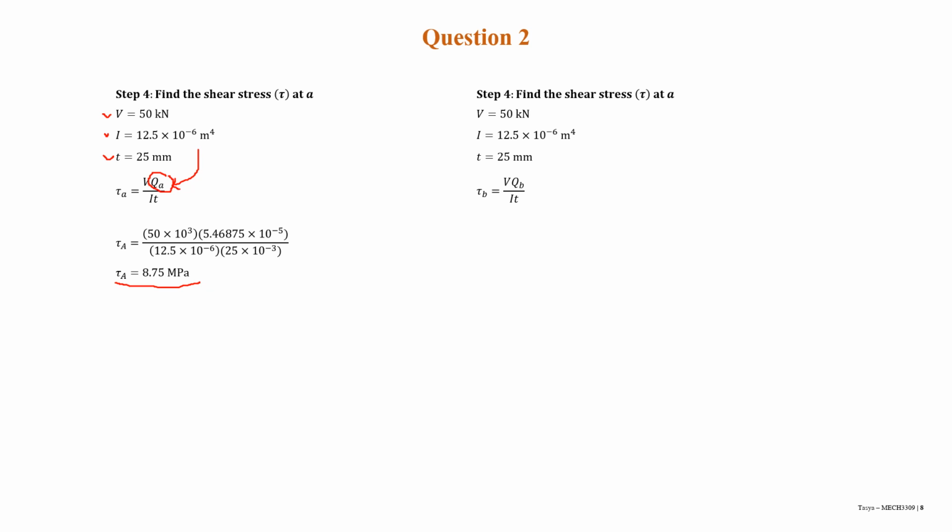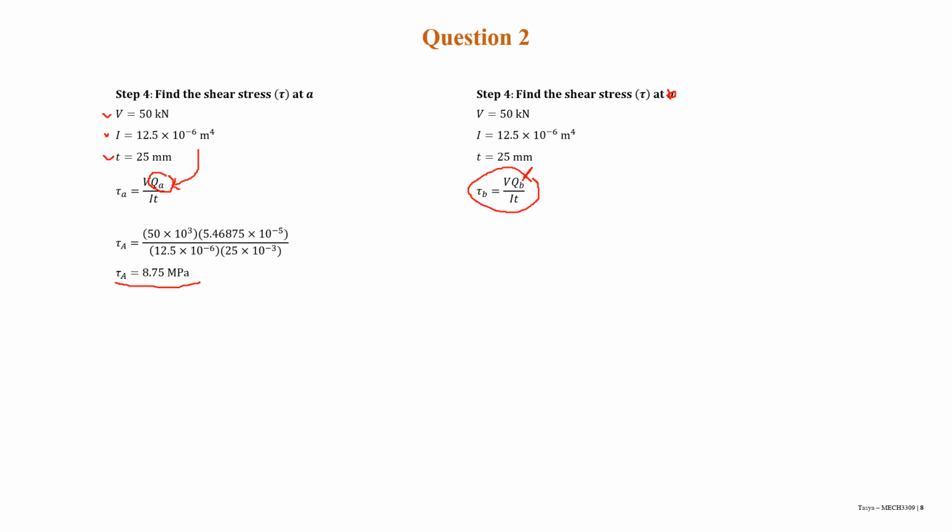The next step, okay, I made a mistake again. The next step is finding the shear stress at B. This one should be B. Okay, same as before, we write the knowns down, this one and this one, and put them into this formula. Sorry for that. The difference is the QB, this one.